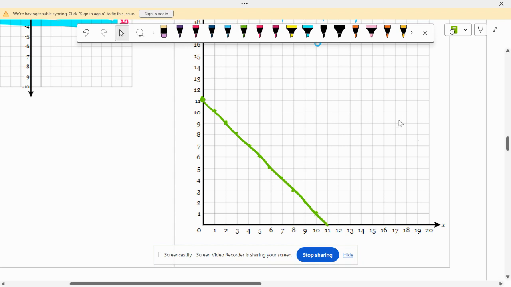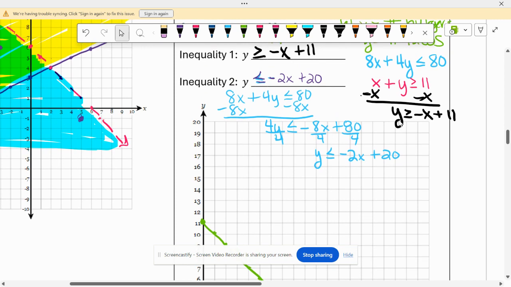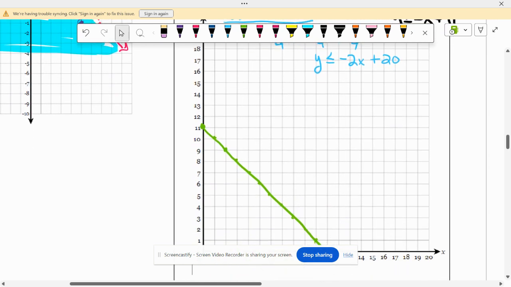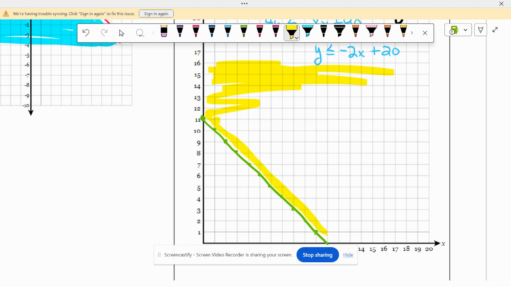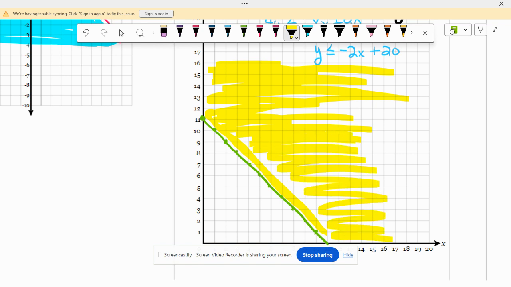And it says Y has to be greater than that. That means I'm shading above. Anywhere on the line or above it is a solution for the number of hamburgers and tacos that I need to buy.